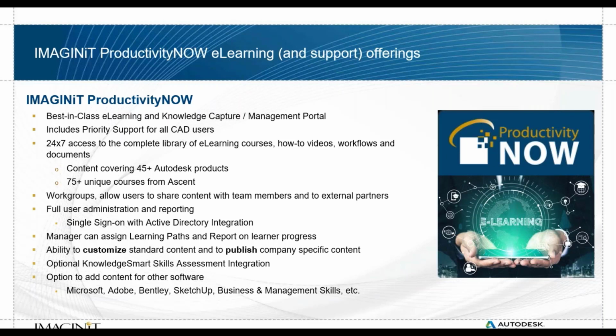So as I mentioned before, with this move to the named user license model and your users getting access to additional software titles from the collections and such, I think it's going to be critical that you're providing timely support and access to quality e-learning materials to enable those users to continue to be productive with these new tools. So I encourage each of you to contact your Imaginate sales executive to learn more about these programs and what they can do for your organization.